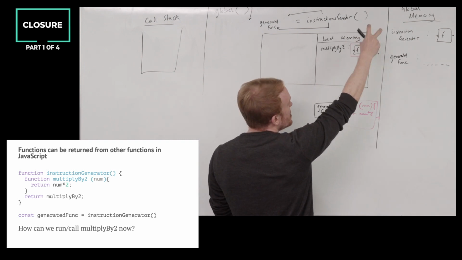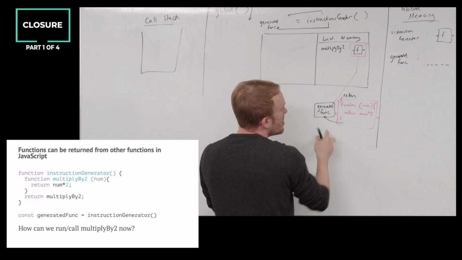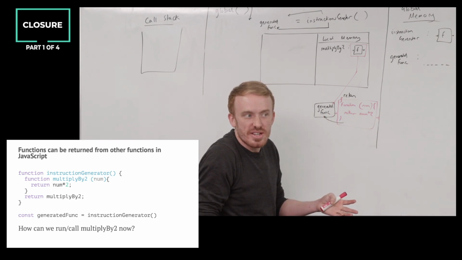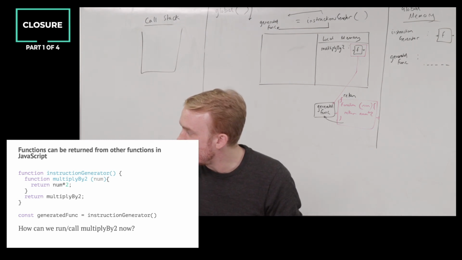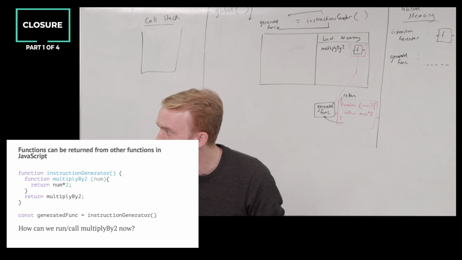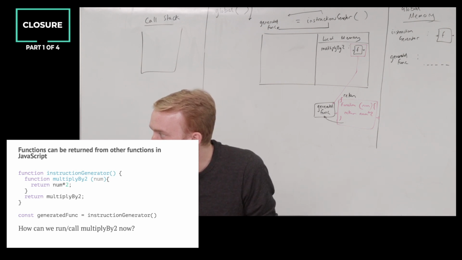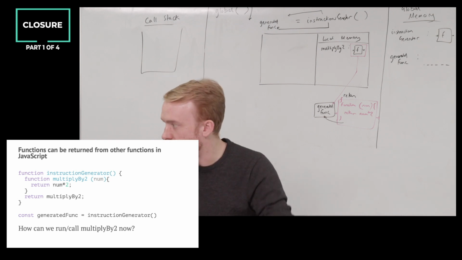Oh, it's this function definition, return that out. We don't return out its label, just its definition. So calling instructionGenerator returns out the functionality known as multiplyBy2, but without the label, so it gets a new global label, generatedFunc.